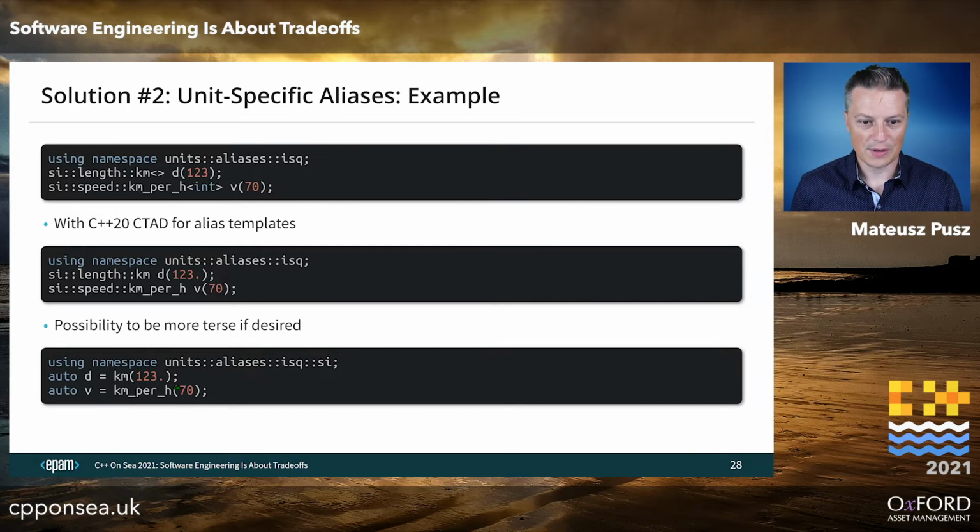So just kilometer per hour with the value, and everything will work as expected. So depending on your needs, you can either be verbose or terse. It's up to you to decide how you want to treat your code in a specific scope. Because you may decide to have a different approach in one scope and a different approach in another scope, right? Because it depends how easy to read and maintain this code will be.